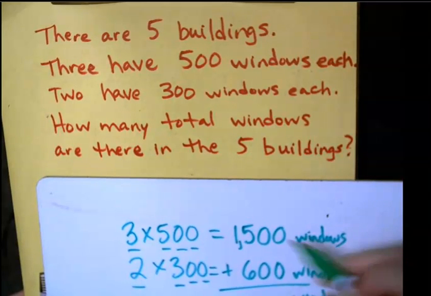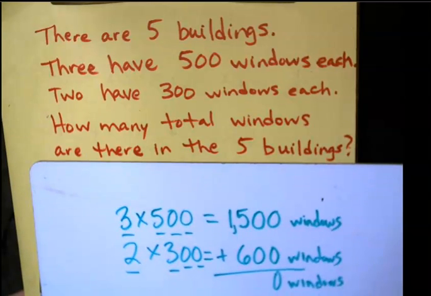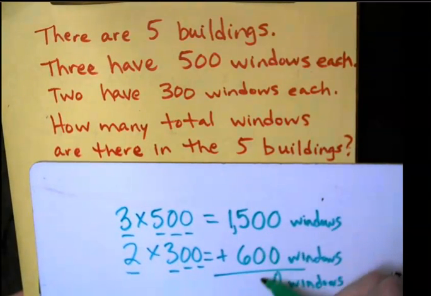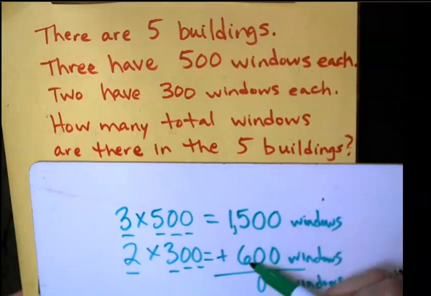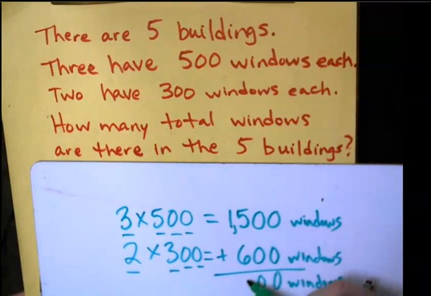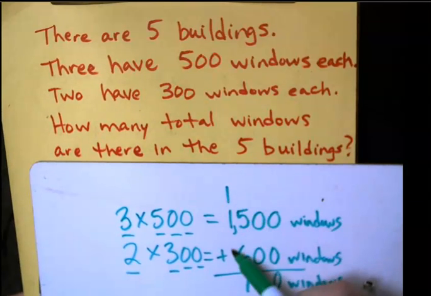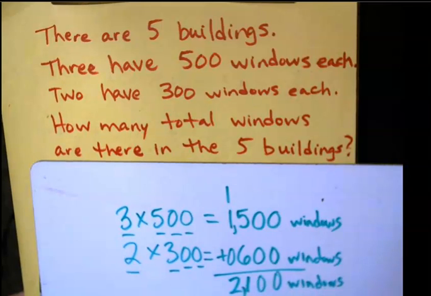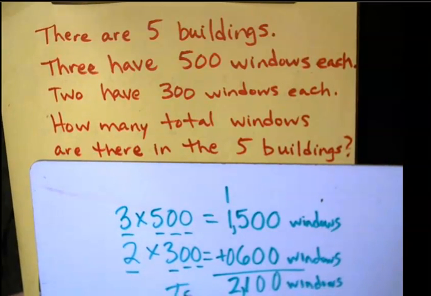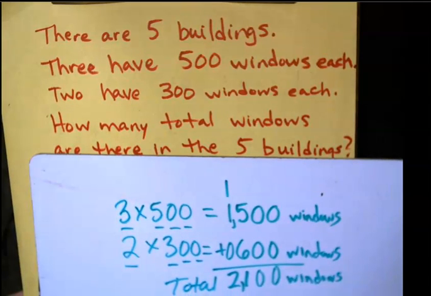Starting on the right, 0 plus 0 is 0. 0 plus 0 is 0. 5 plus 6. Ooh, that's 11. Got a carry. Regroup that one. 1 plus 1 is 2. So there's a total of 2,100 windows in those 5 buildings.